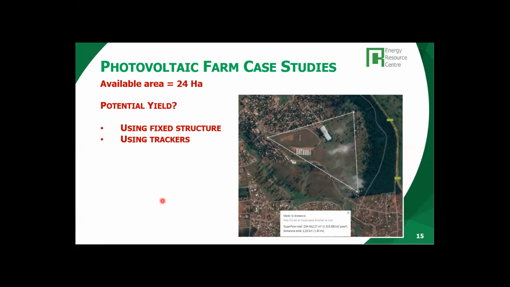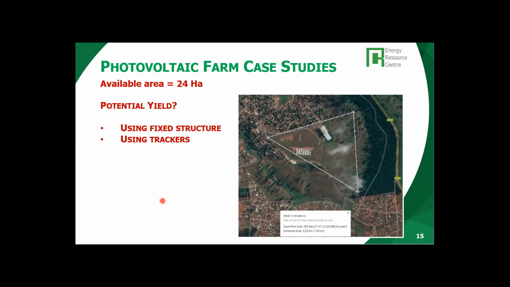How many megawatt hour per year could we generate in this 24 hectare triangle area in Gurue? Who has an idea, more or less? Anybody in the room? By now you should be able to do this calculation with the references we have given.